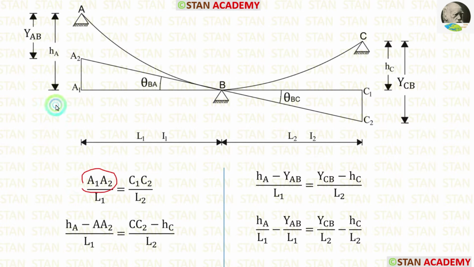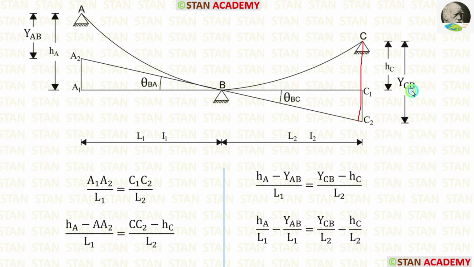A1 A2 is equal to HA minus AA2. C1 C2 is equal to CC2 minus HC. AA2 is the deflection YAB, which is developed due to the tangent we made at the point B. So instead of AA2, we can apply YAB.